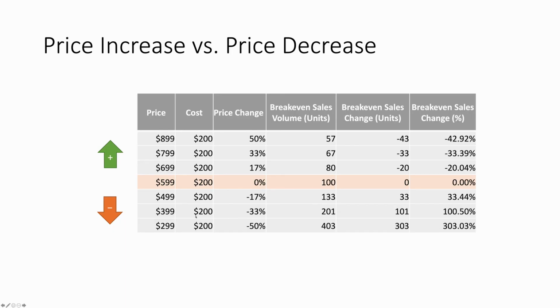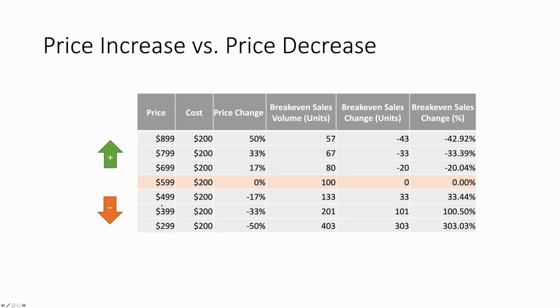In this table, the bar in the middle is the baseline scenario where the price is $5.99 before the price change. Above this bar are the price increases, $6.99, $7.99, $8.99. Below this bar are the price decreases, $4.99, $3.99, and $2.99.